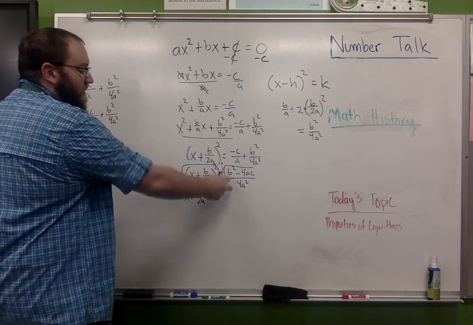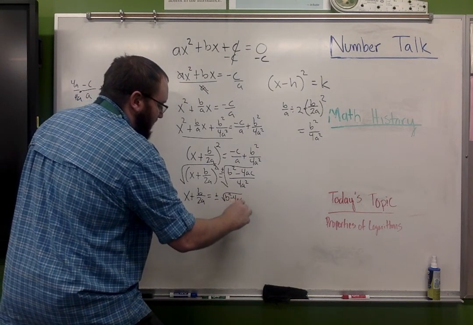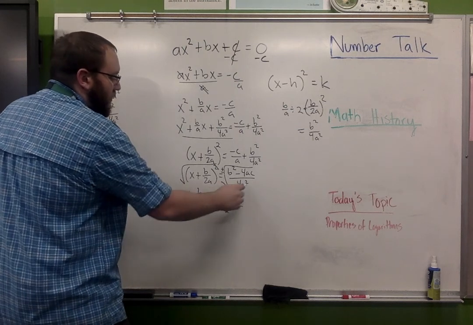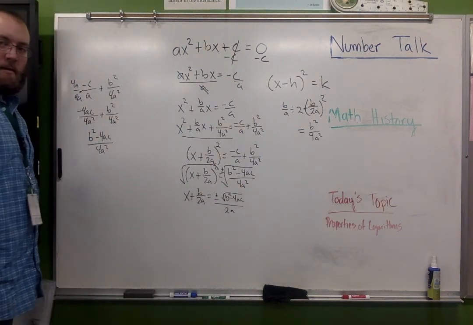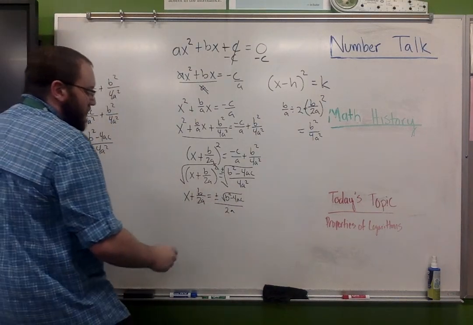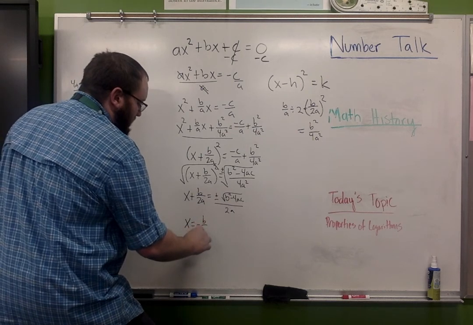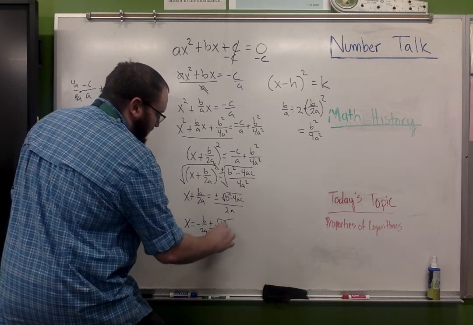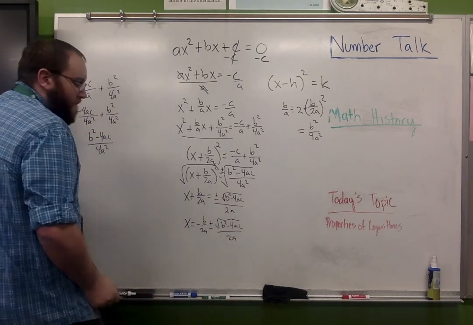Now we can separate these: the square root of b squared minus 4ac, and the square root of 4 is 2, and the square root of a squared is just a. Now I'm going to subtract b over 2a from both sides, so x equals negative b over 2a plus or minus the square root of b squared minus 4ac all over 2a.